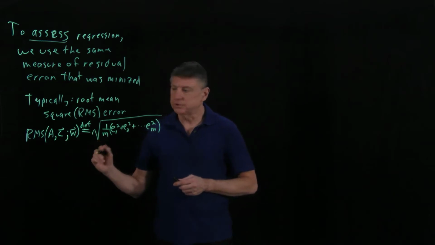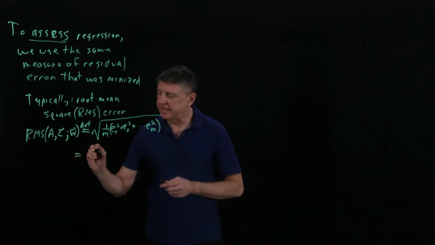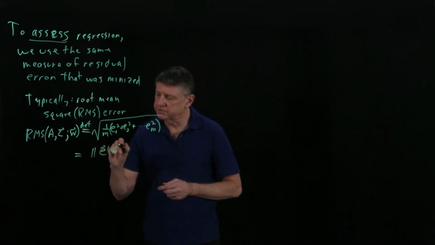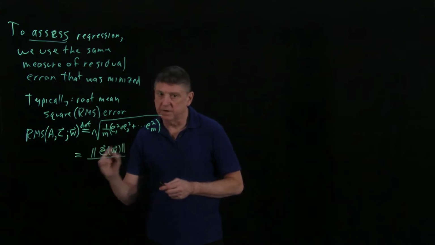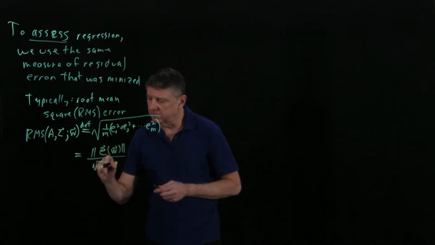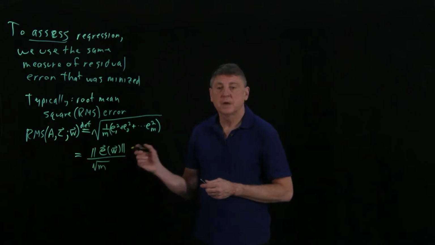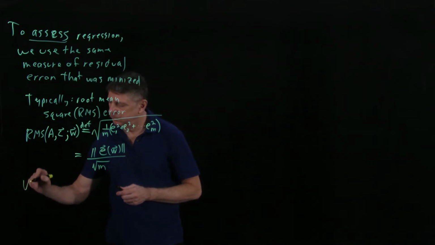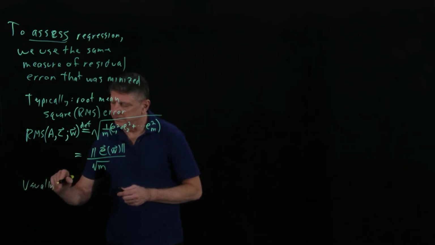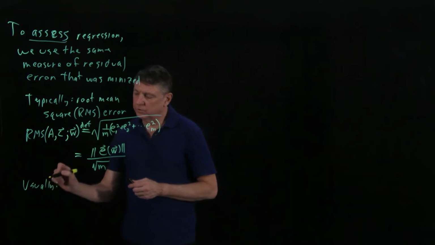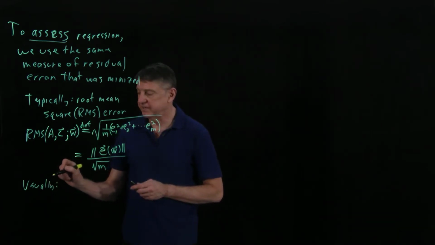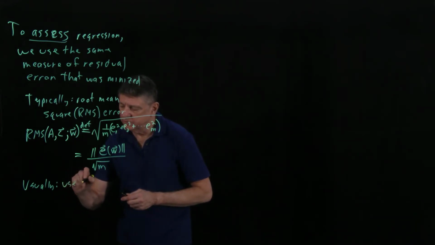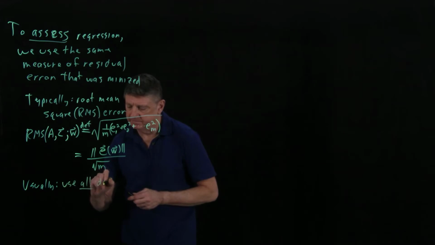And this is sometimes written as the square root of the squared error for the parameters that we have, divided by the square root of the number of observations. Those are the same. Now, usually, and we're going to explore this in a subsequent session in much greater detail, we'll say use all the data.